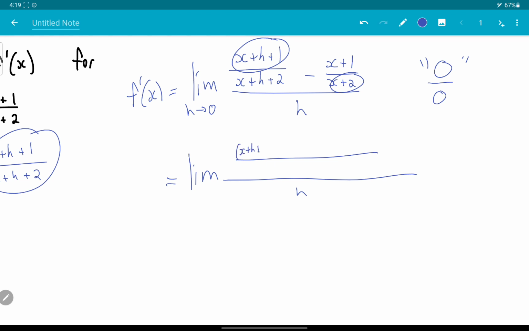So I've got x plus h plus 1 times x plus 2, minus x plus 1 times x plus h plus 2, all over the product of this and this. Okay, so now I'm going to expand this numerator here and hope for the best.